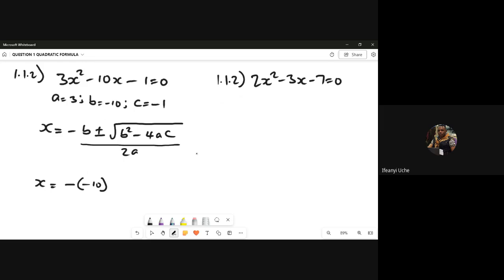You can see there that we have 2 negatives, the negative that is before b, and then the negative that is coming from 10. So we have plus and then minus the same negative 10. Please, in brackets, some learners write negative 10 this way. It will give you negative 100. So be careful with your sign.